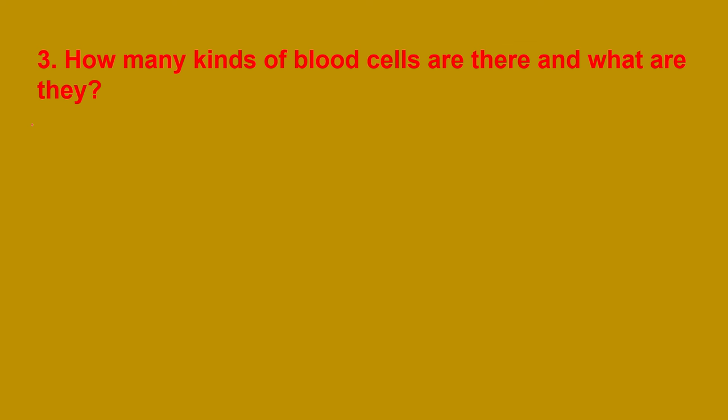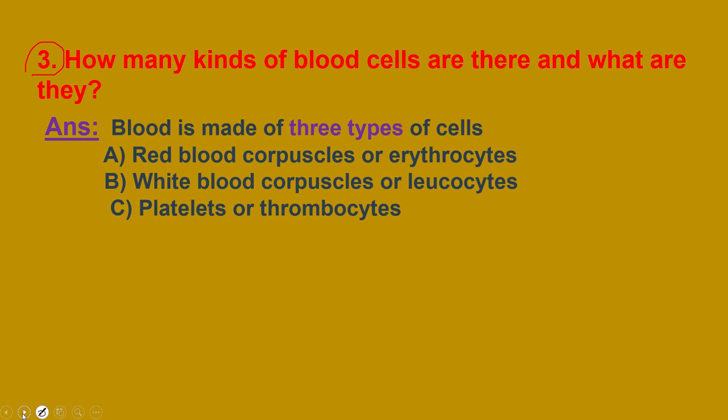How many kinds of blood cell are there and what are they? Blood is made of three types of cell. Number one, red blood corpuscles, that is erythrocytes. White blood corpuscles, that is leucocytes.